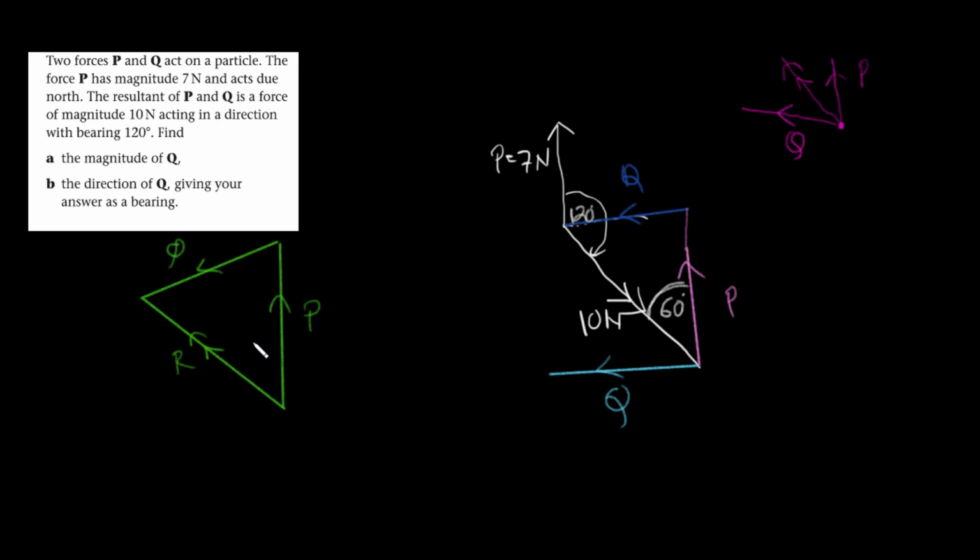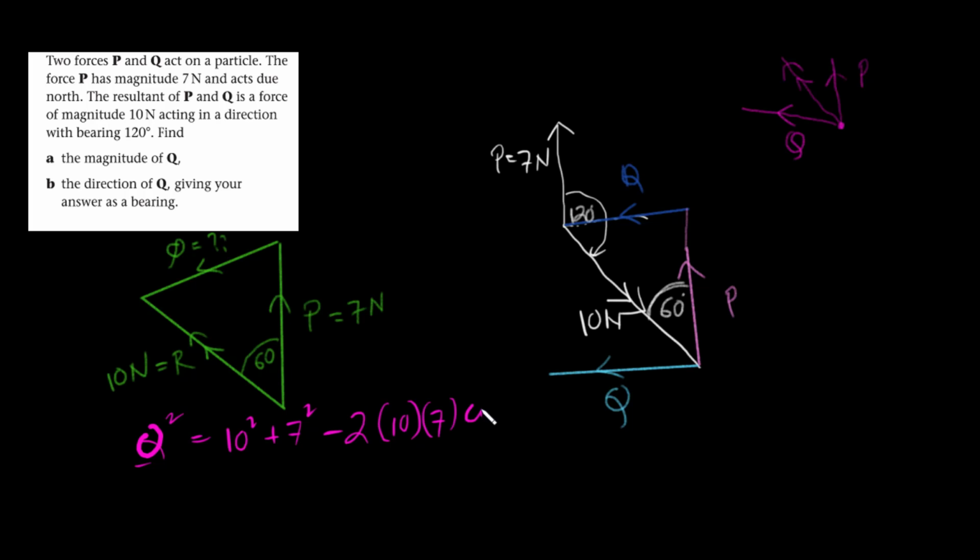Here we know this angle is 60 degrees, and we know this force is 7 Newton. We don't know what this force is, it is unknown. But we know the resultant force is 10 Newton. So how to find this? By doing the math, Q squared equals 10 squared plus 7 squared, minus 2 into 10 into 7, because of the included angle, cos 60.